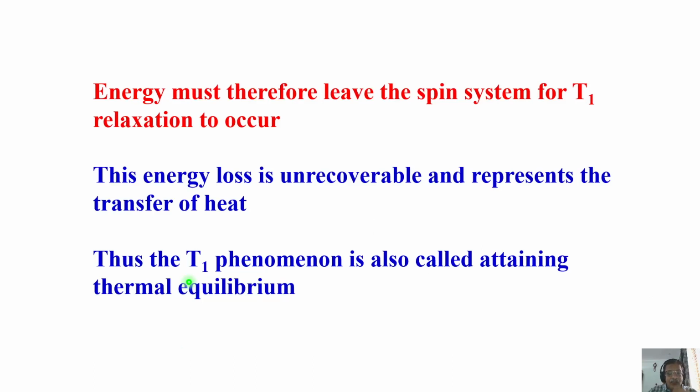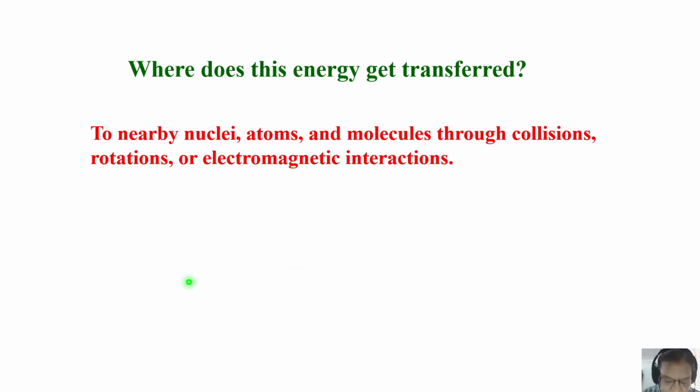Understand it? There is energy loss which is unrecoverable and which represents transfer of heat. So this phenomenon is called thermal equilibrium because of this reason. It gives out energy in the form of heat. Now the question I still have to answer: where does this energy get transferred?